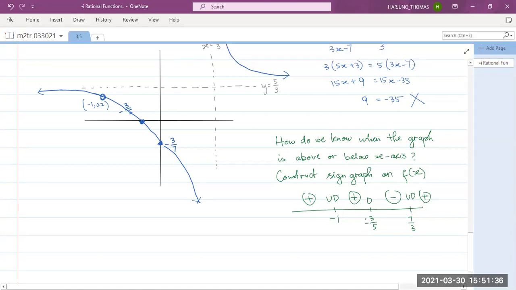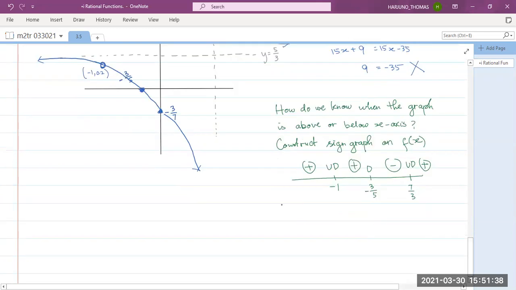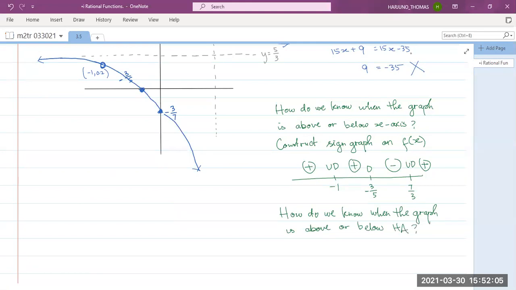Thank you. Now, the follow-up question: how do we know when the graph is above or below the horizontal asymptote? That's a more interesting question.